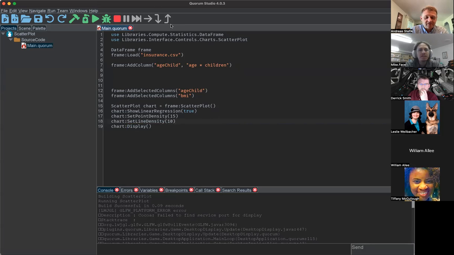You have to put set regression line density. Sorry, what? You have to put set regression line density. Oh, thank you. I didn't actually realize that. Okay, see, this is the benefit of having people here that actually know what they're doing.